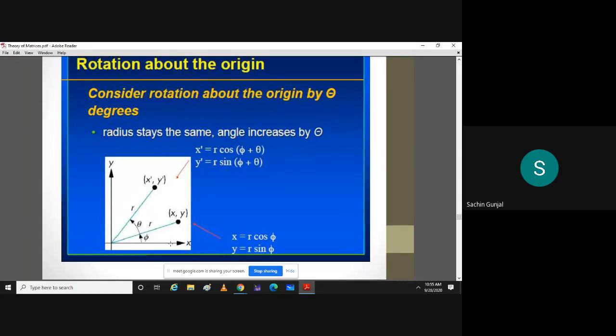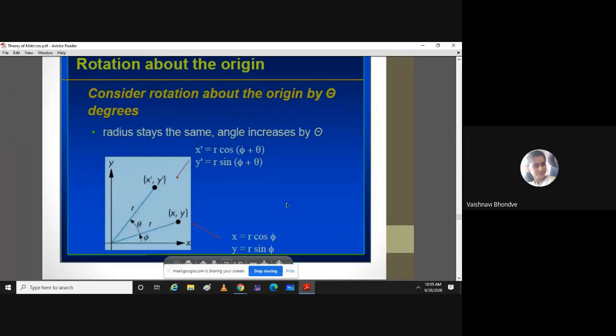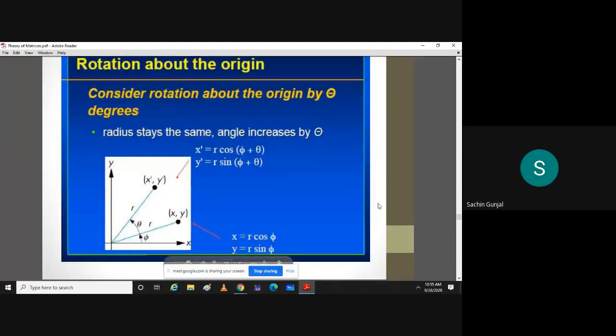Yes, sir. Okay. And how do you get it? What will be cos phi? Adjacent upon hypotenuse, x by r. Good. So x by r is nothing but cos phi. So x is equal to r cos phi.